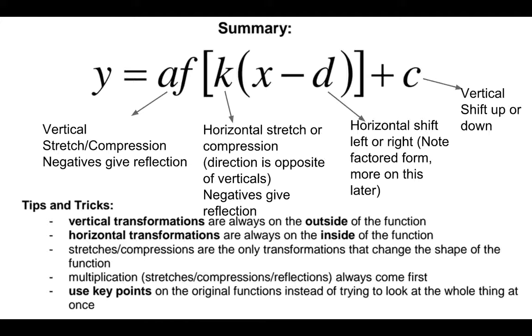So take the original function and just do one step at a time. Do your horizontal stretch, then your vertical stretch, then your vertical reflection, then your horizontal shift, then your vertical shift. Just move each key point, using the key points one at a time.